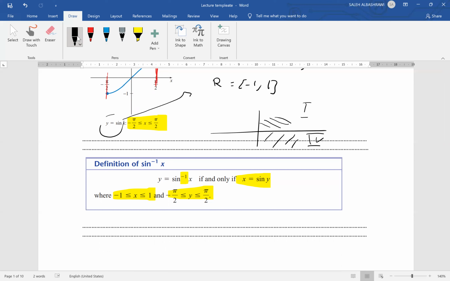But it must be between minus pi over 2 and pi over 2. We are not using coterminal angles now, or angles greater than 90. So the value will be in this interval.